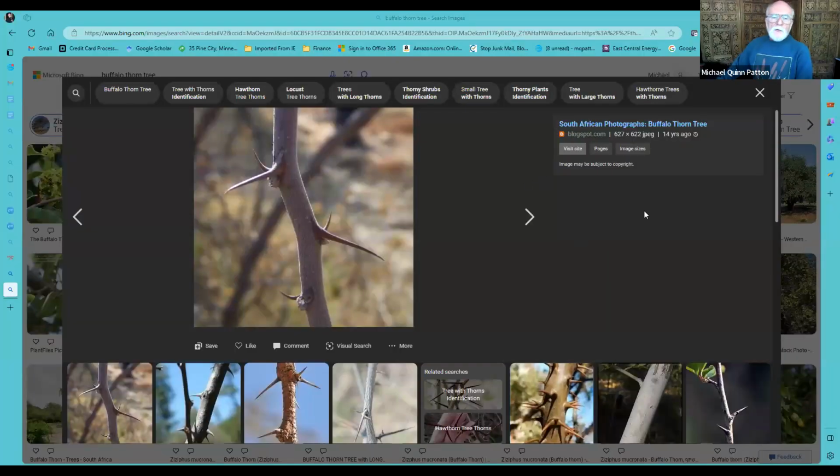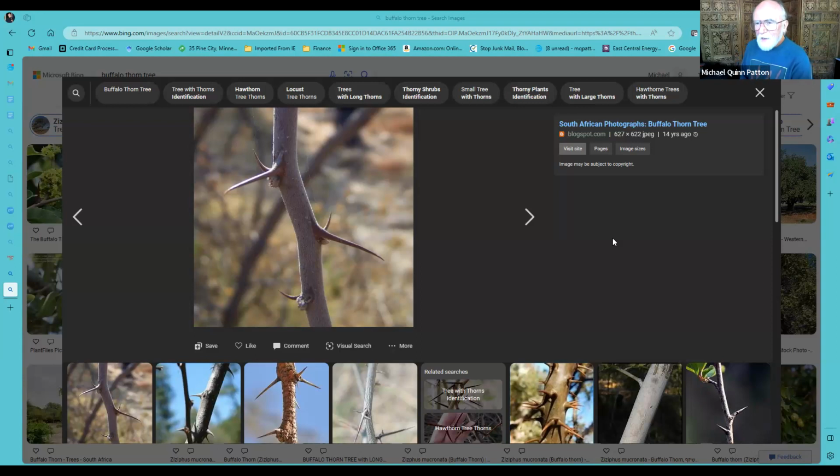Your mention of thinking about a metaphor actually took me to the buffalo thorn tree in southern Africa, which is apparently the only tree in the world that has both straight thorns and catclaw thorns on the same tree. It symbolizes in the culture that the straight thorns push you forward, the catclaw thorns hold you back, and whether you're being pushed forward or held back, either way, the transition is going to be painful.